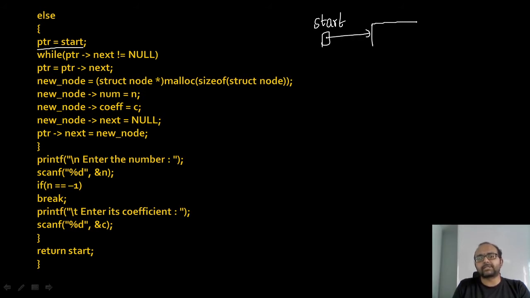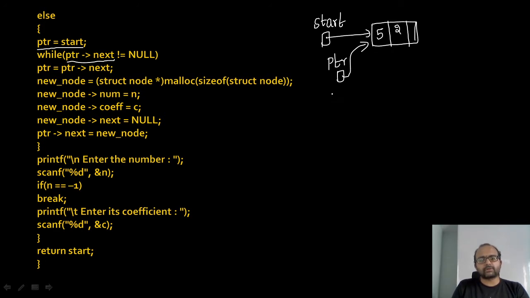Let us consider a node with data like this, 5 2, pointing to null. This is already existing. In that case, ptr arrow next not equal to null makes ptr point to this one. The ptr next not equal to null condition becomes false, so the associated statement will not be executed.